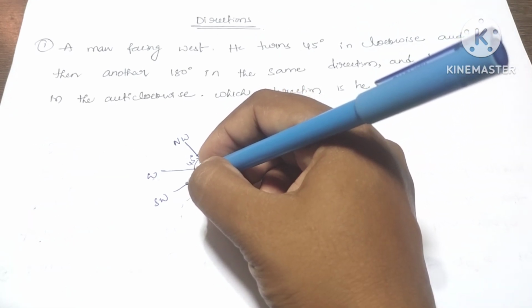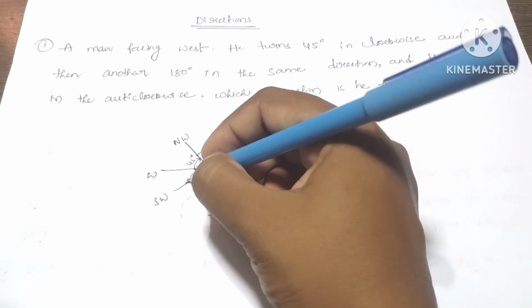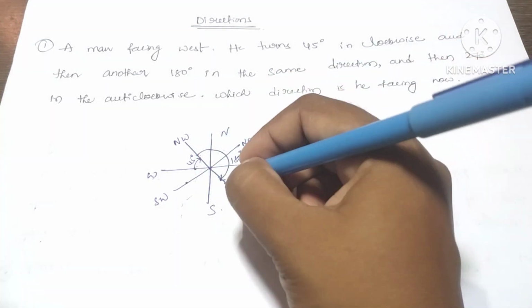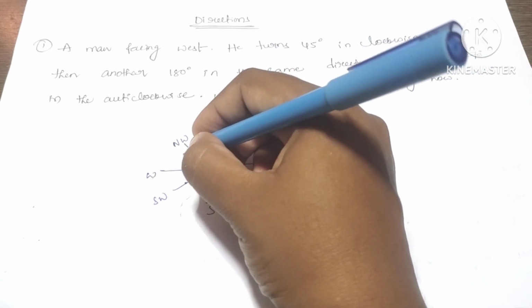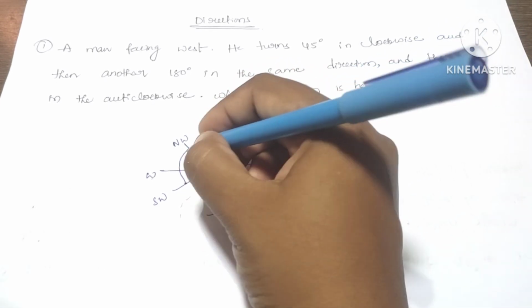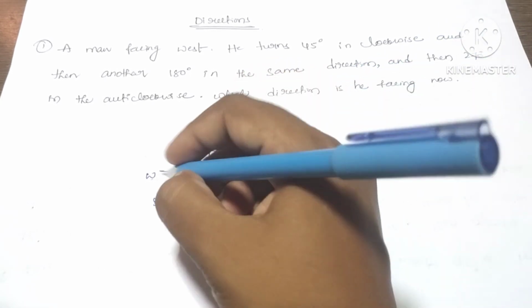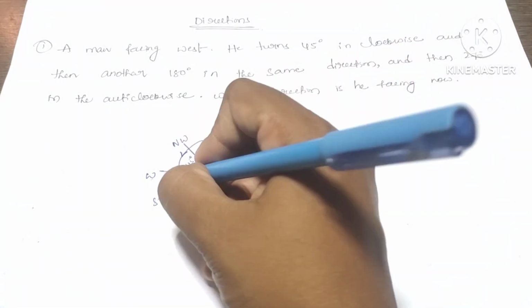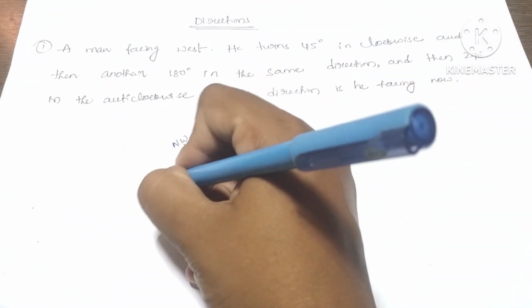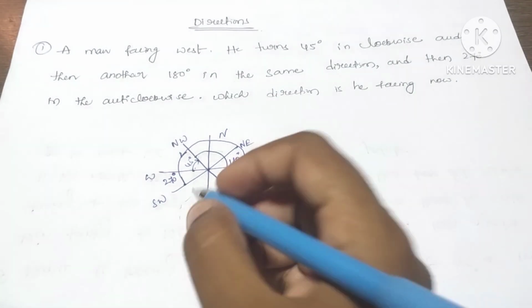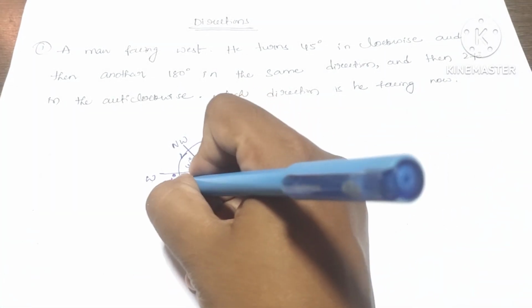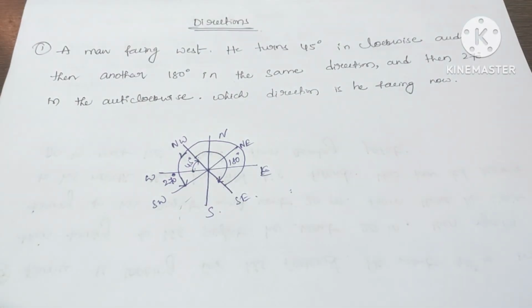So finally the man reaches this point from here to here in anti-clockwise direction. So he walks in anti-clockwise direction. So what is the distance? 270 degrees, from here to here it's 270 degrees. Got it? This is how we solve this type of questions.